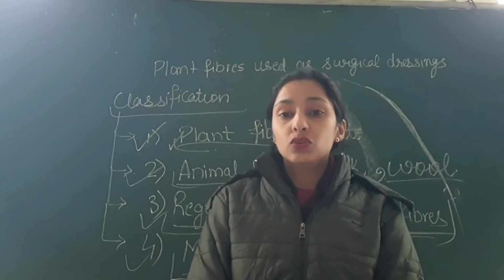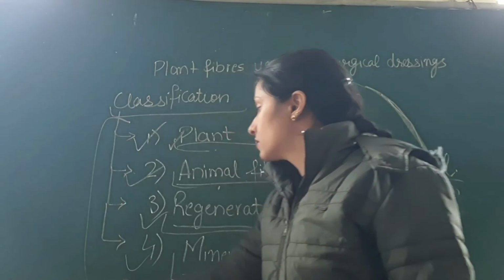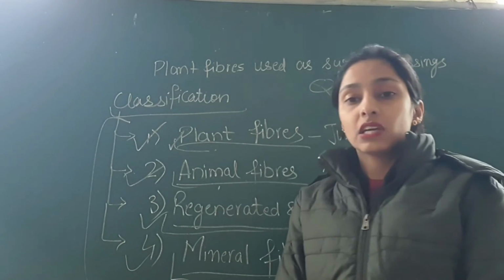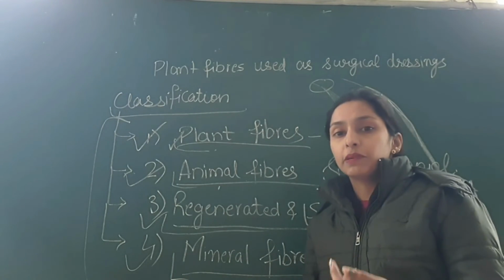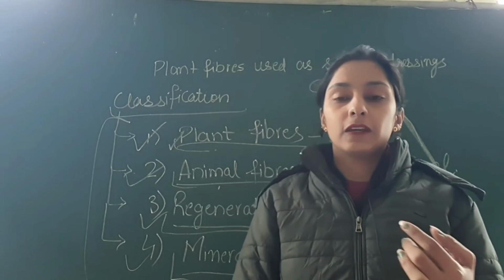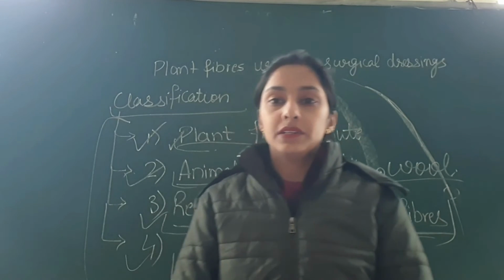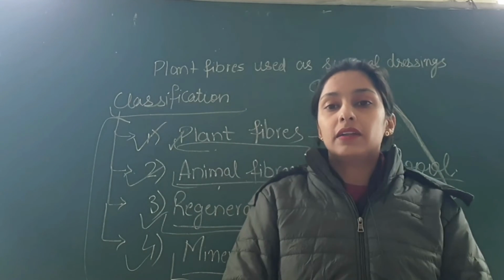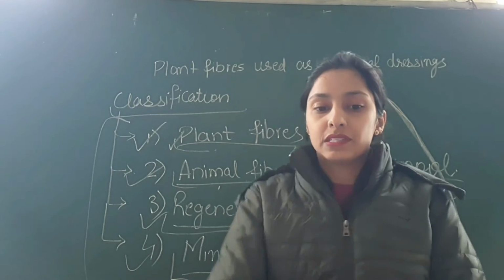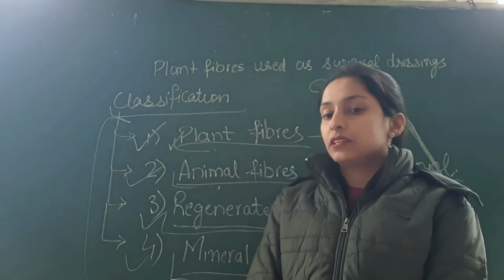So what are their uses? All these types of fibers are used in surgical dressings. Some fibers are used in making gloves, some in making instruments like scissors, apparatus, syringes or anything else.